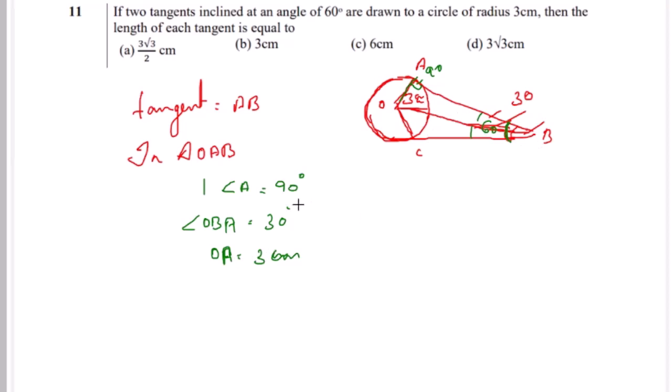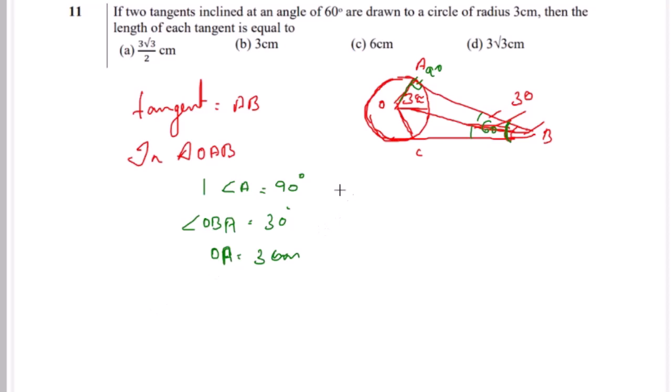Now we can apply the Pythagoras theorem, right? This is actually a 90 degree angle, so we can apply trigonometry. It's a right angle triangle. So triangle OAB is a right angle triangle.